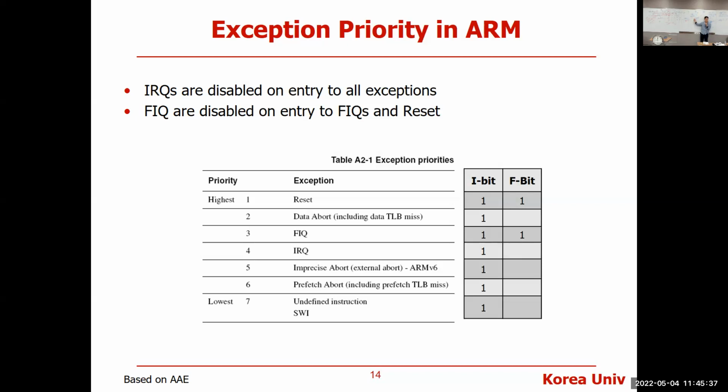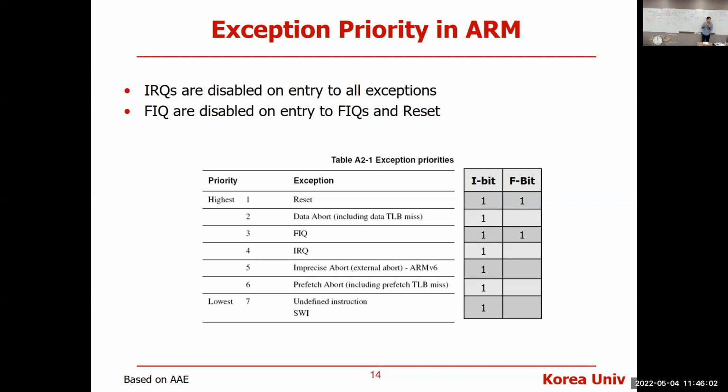It will be taken because it is not a hardware interrupt. It is not an IRQ interrupt. This I bit is blocking only the IRQ interrupt coming in from outside. A software interrupt has nothing to do with the I bit.